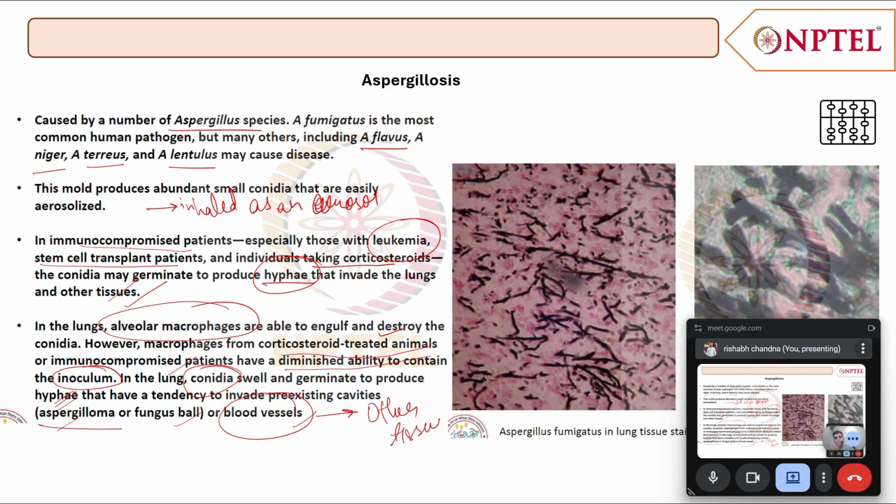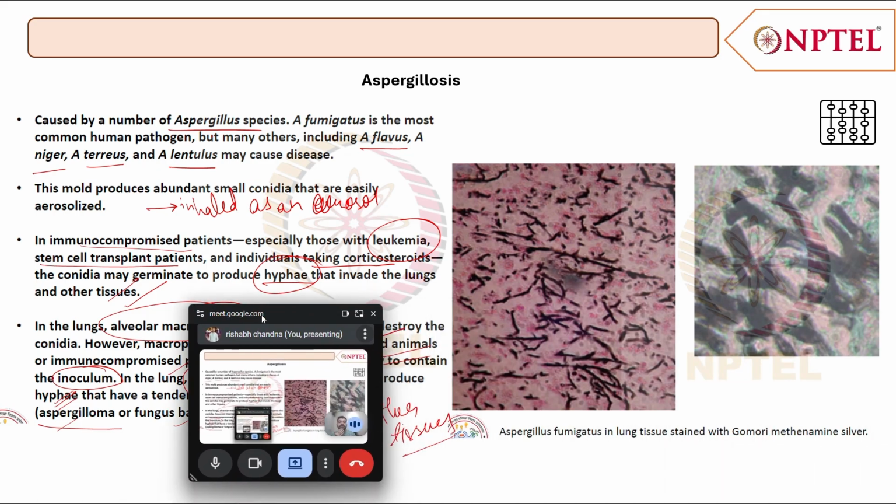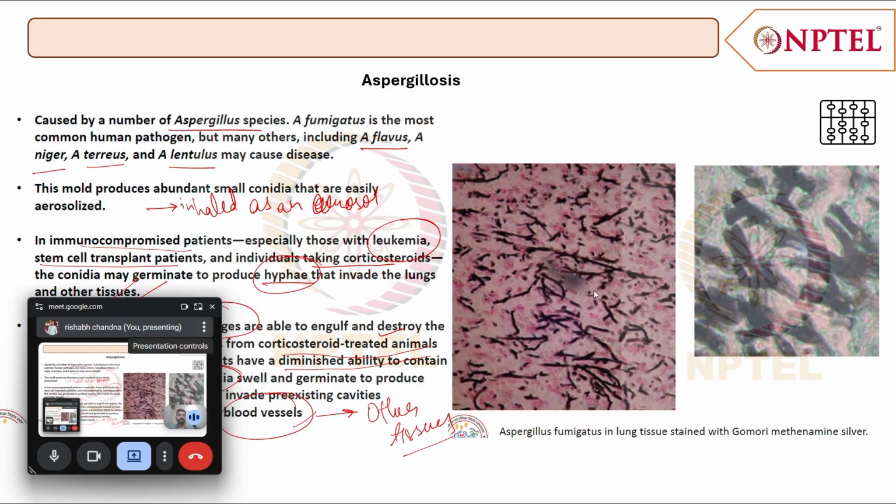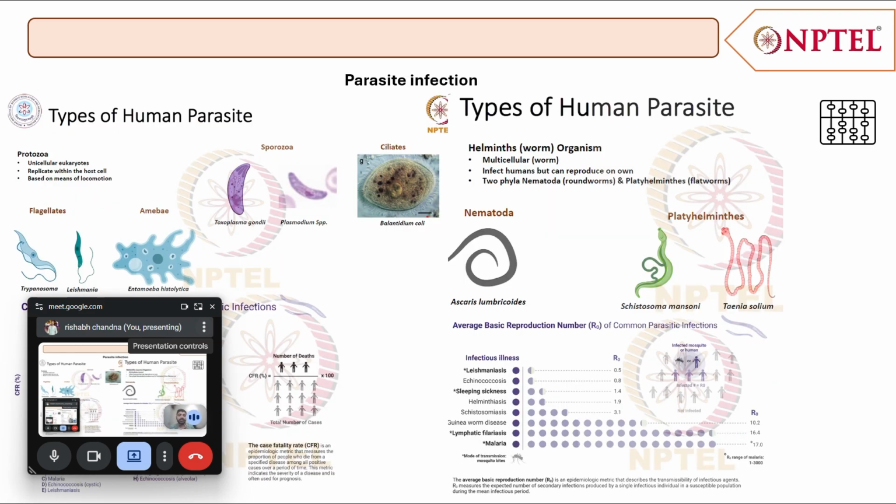Okay, so these are different images of stains of the Aspergillus species. Here they are stained with Gomori methenamine silver, and these are also the hyphae of different Aspergillus species. Okay, now moving on to parasitic infection.